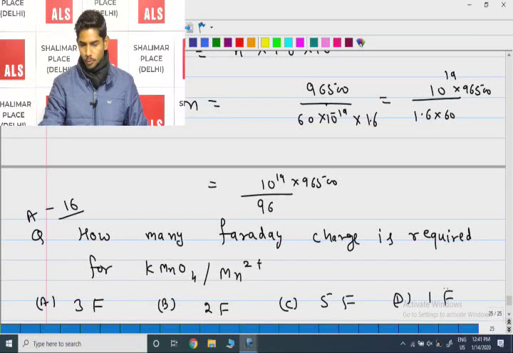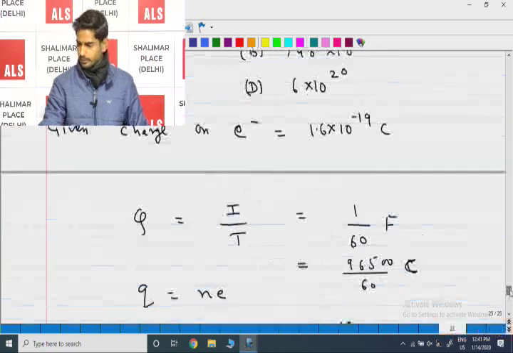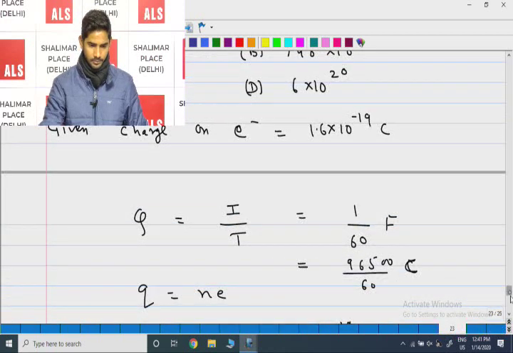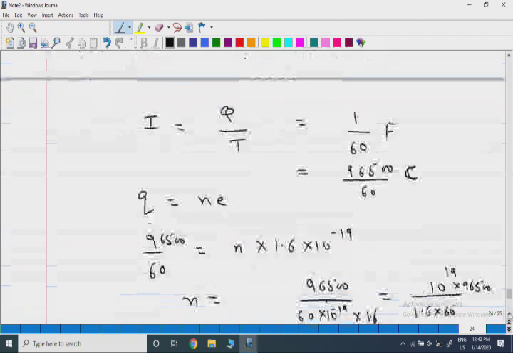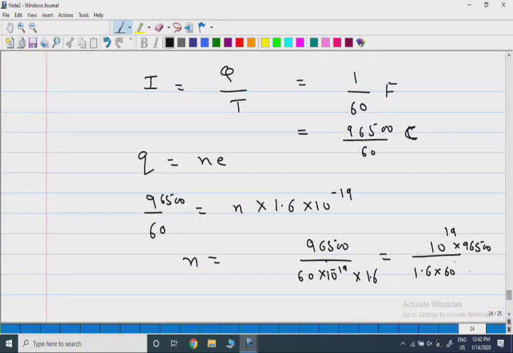Yes, I equals to Q by T. I hope you have understood the concept.